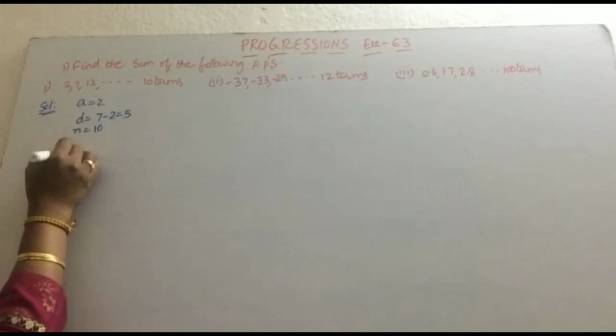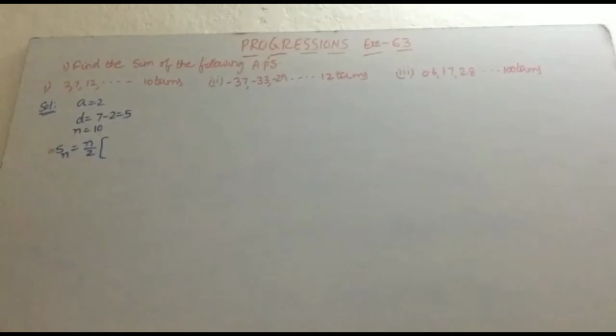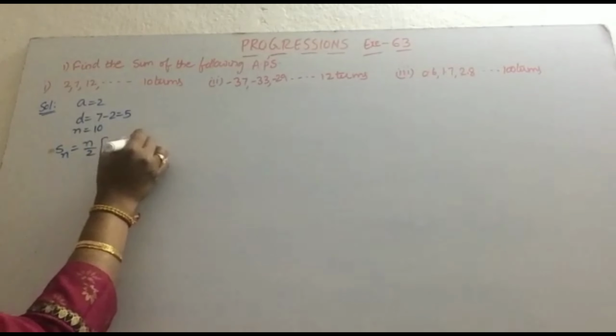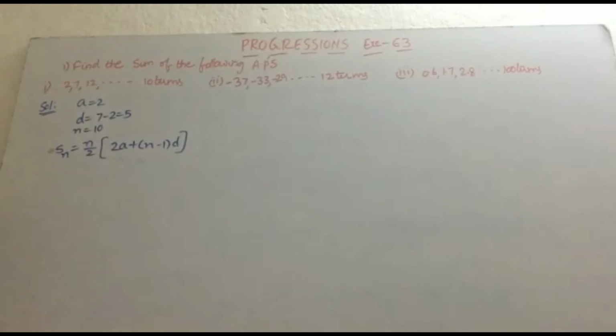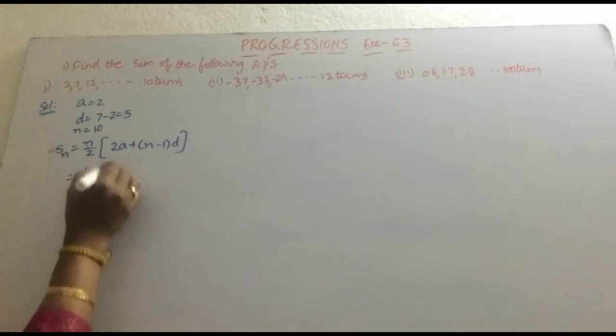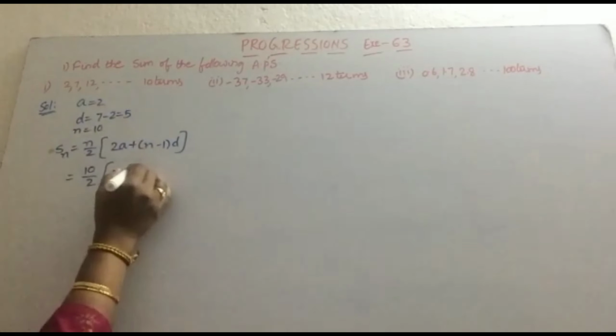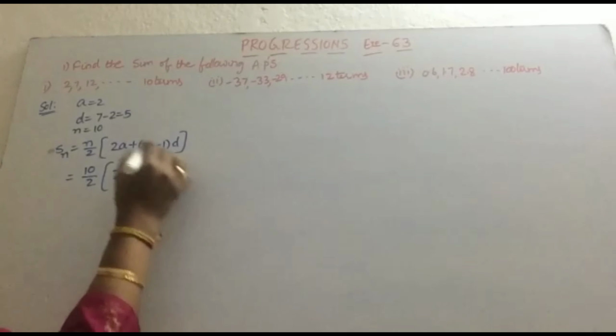So Sn equal to n by 2 into 2a plus n minus 1 into d. So we will substitute the values. n is 10, 10 by 2 into 2 into a is 2 plus n is 10 minus 1 into d is 5.